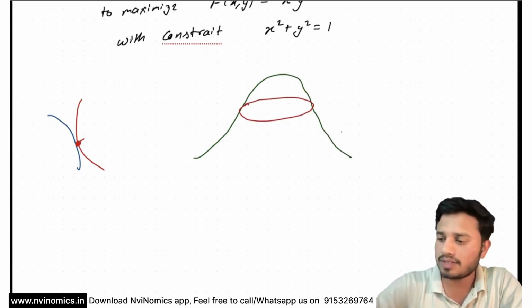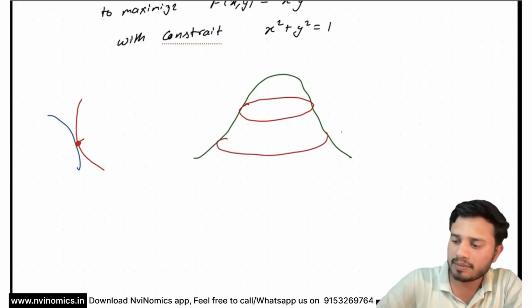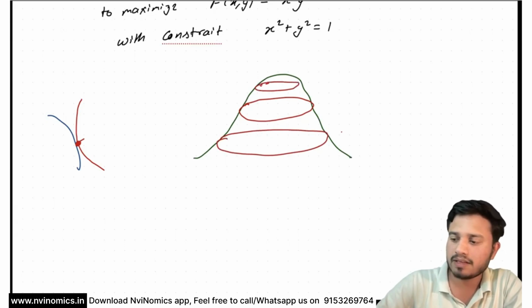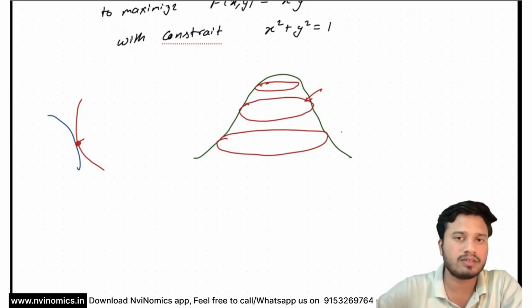This is called a contour curve. There can be many contour curves. When you are on this point and you are just circling around on this, you're not going up or down.